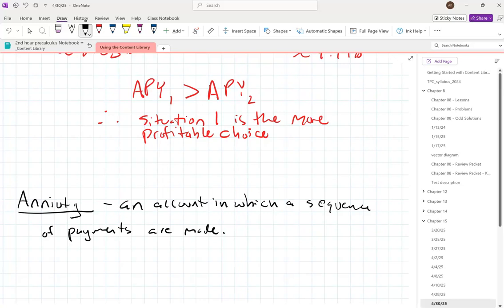So what does this sound like? Well, it sounds like your mortgage or your car payment or a loan payment, or even an investment like a retirement account, where you save $100 out of every paycheck or something. Does everybody kind of see what I'm... Okay.